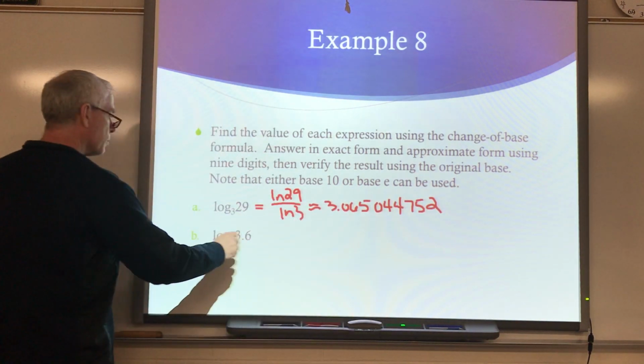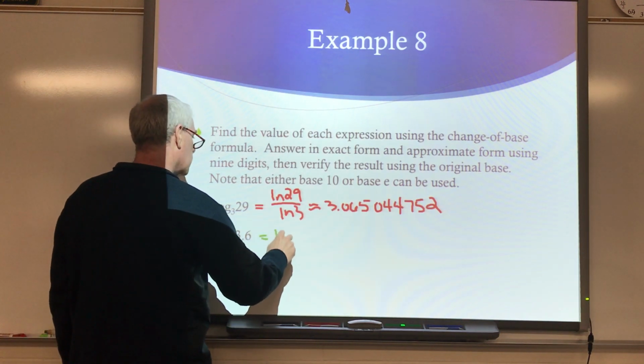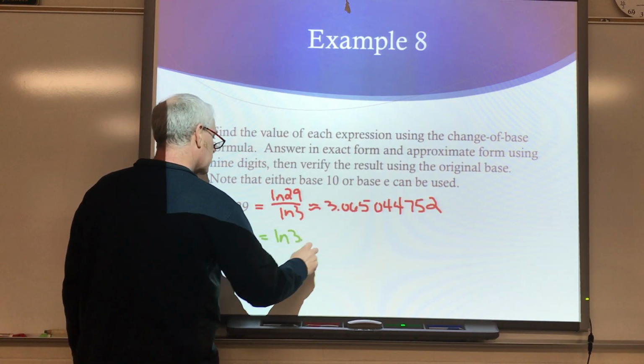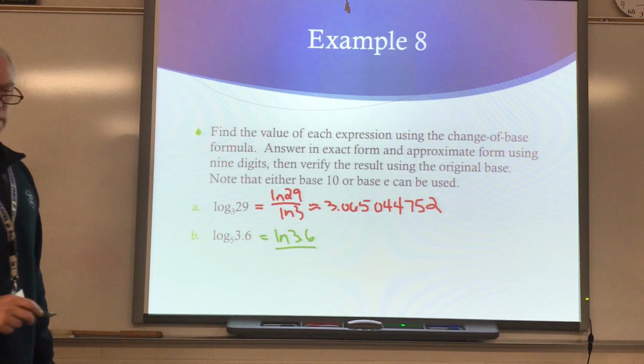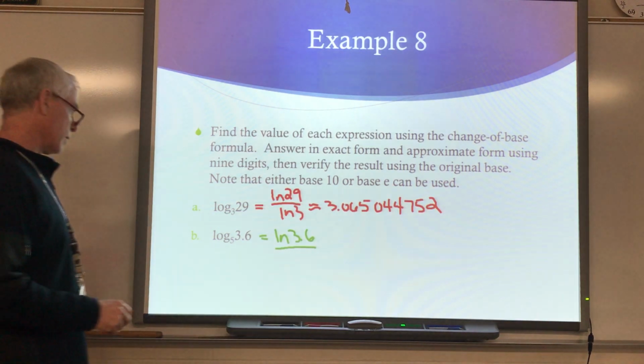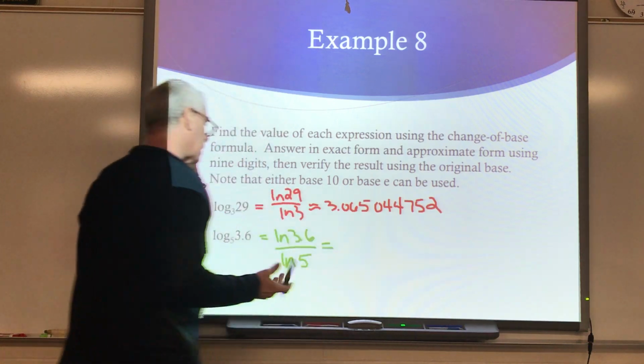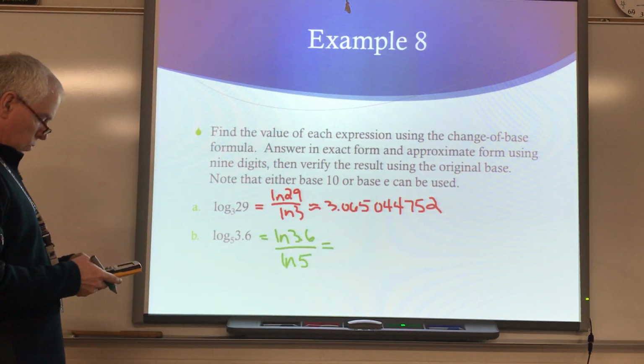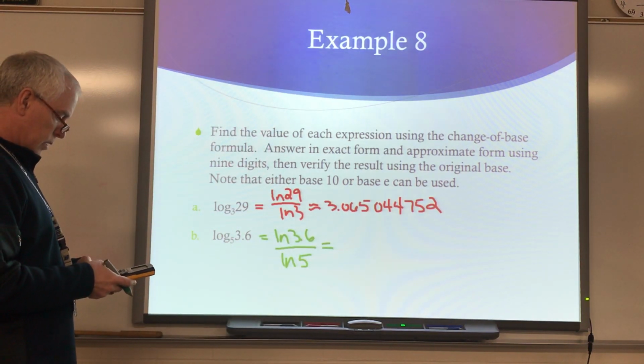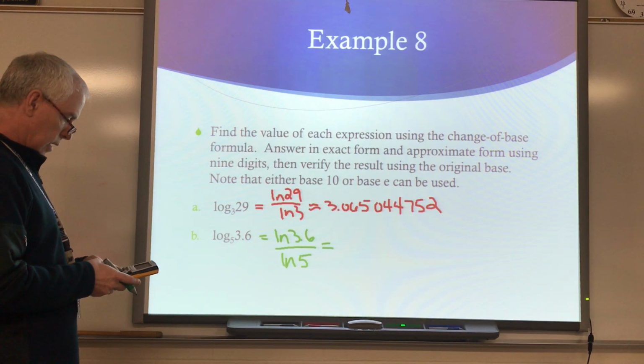The second problem, change of base, would be log base 5 of 3.6. Again, I could use the common log, but ln is fewer letters, so that's why I picked that one, to be honest with you. Over the ln of 5, okay? So again, ln 3.6 divided by ln of 5.